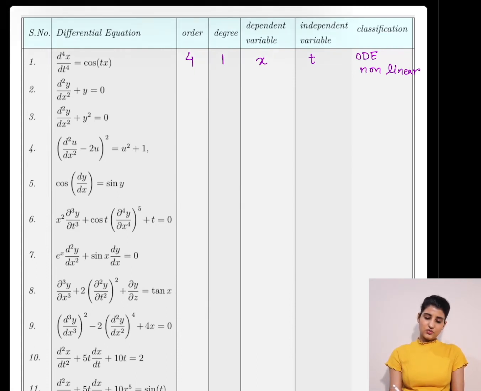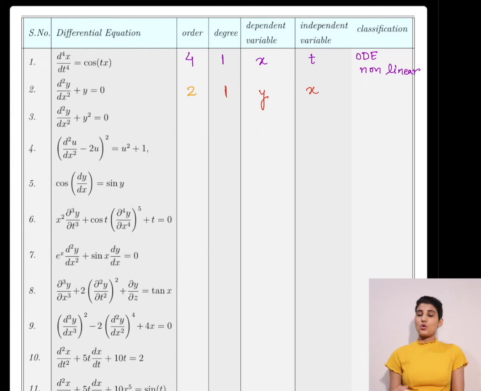Let's see the next one. The highest derivative that appears here is 2. So the order is 2. The exponent of the highest derivative is 1. So the degree is 1. The dependent variable is y. The independent variable is x.